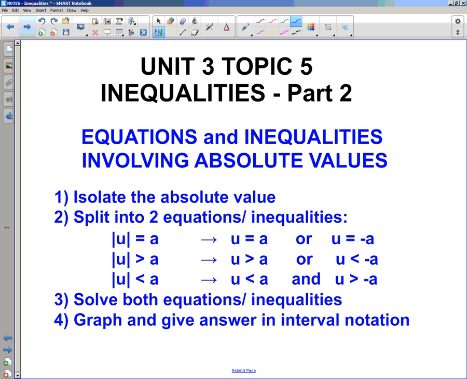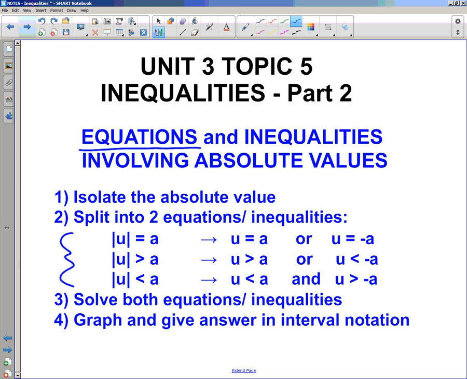The equations part of this we've already covered. These are the exact same notes that we took the other day when we talked about equations, with one addition. We have to talk about when we split up the equation or the inequality, because anytime you have an absolute value, you're always going to split your equation or inequality into 2.